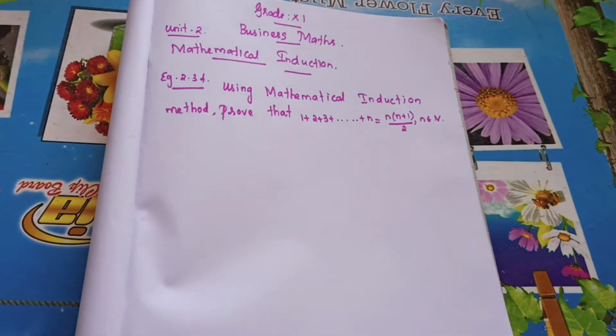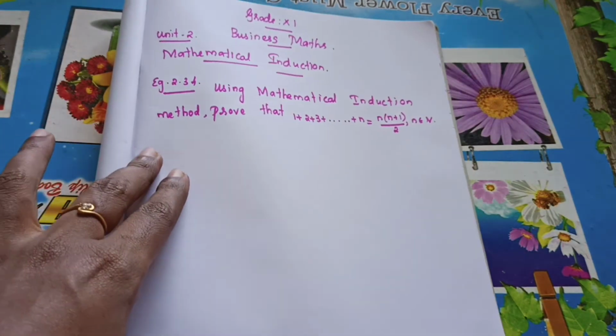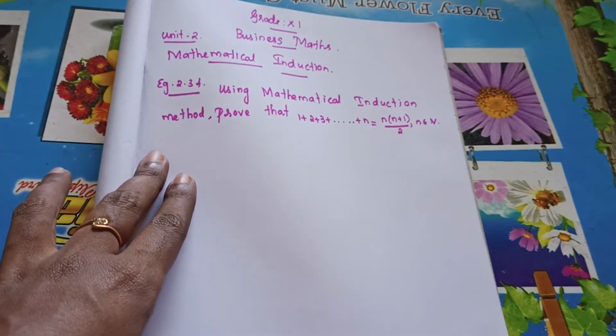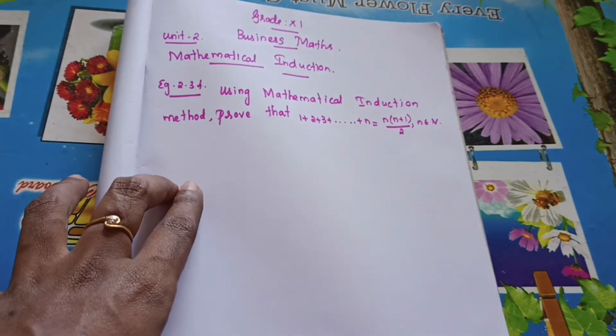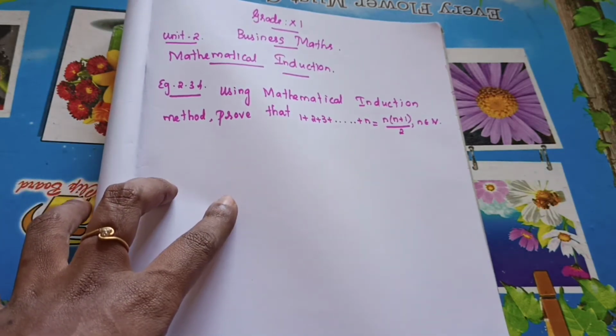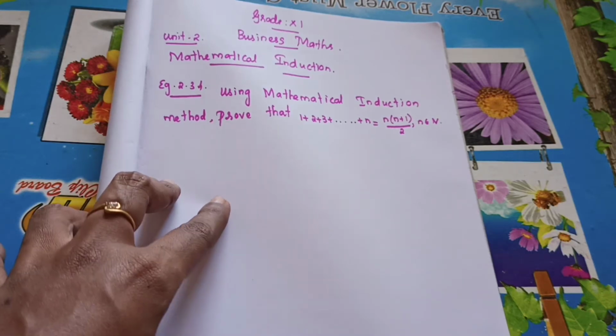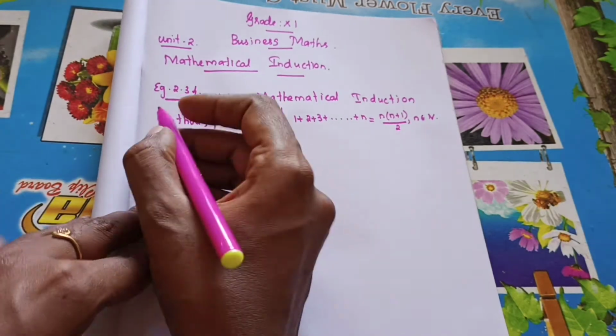Yes, last year, I think in the second chapter, in the last exercise, you learned this formula for natural numbers. Is it right? Now we are going to prove whether it is true using mathematical induction.